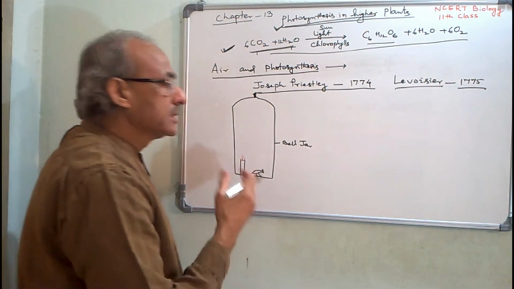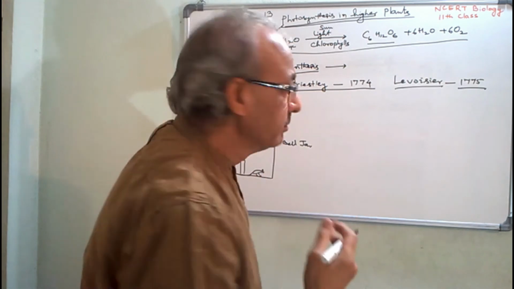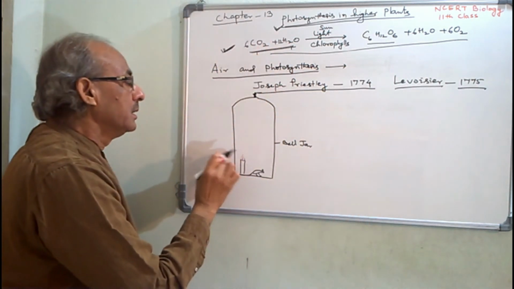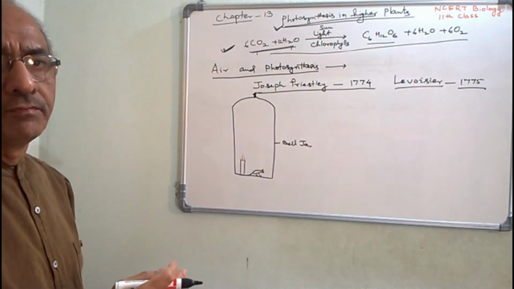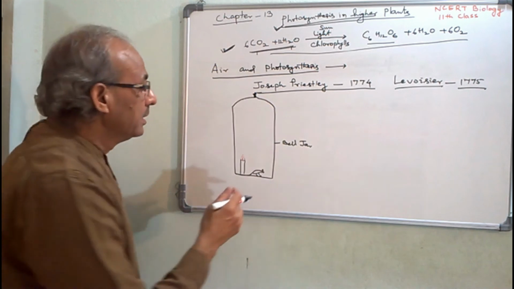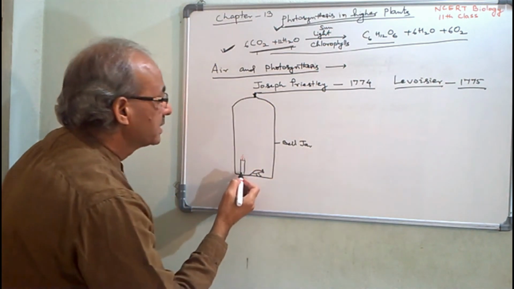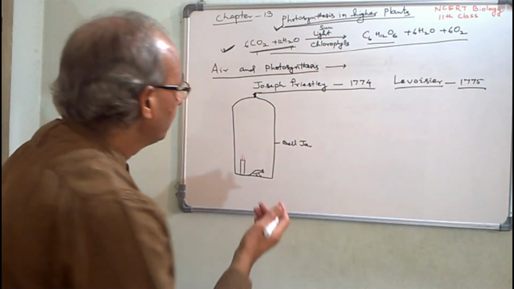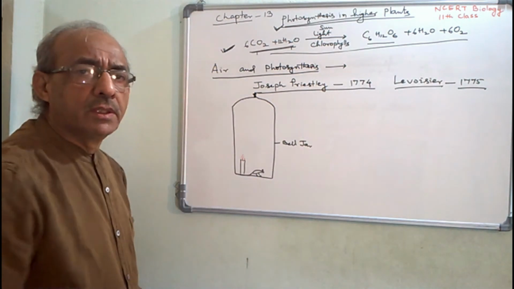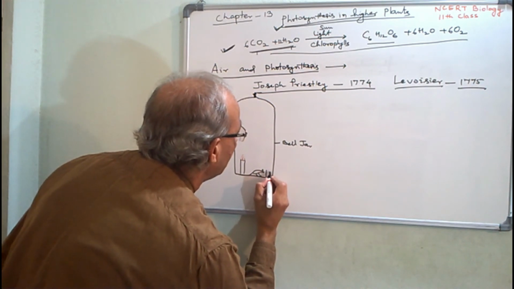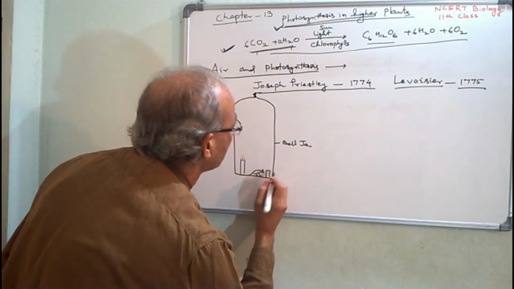After this first experiment, he did another experiment. He repeated the experiment, but the difference was that besides the burning candle and the living mouse, he put a mint plant in the bell jar. This is the pot of the plant.